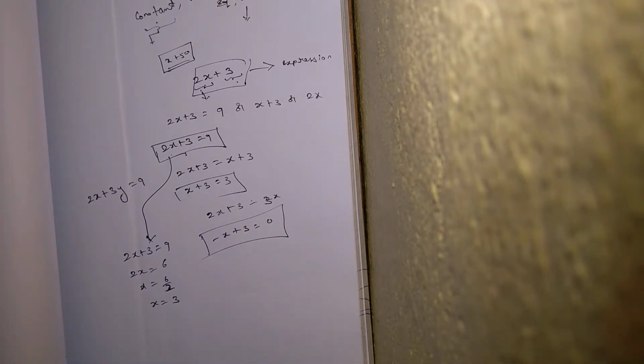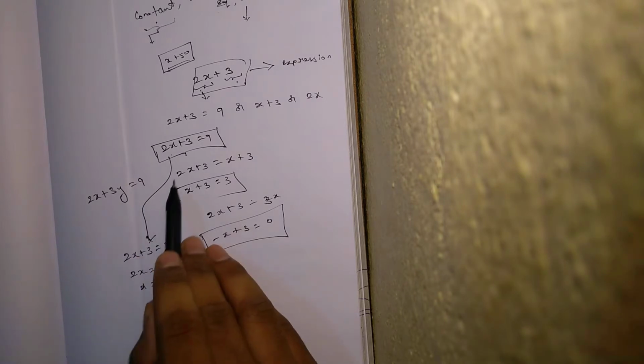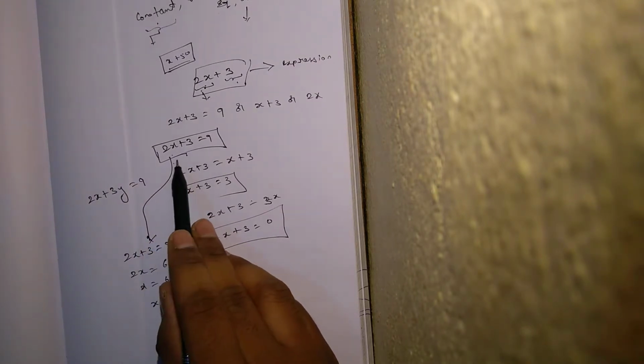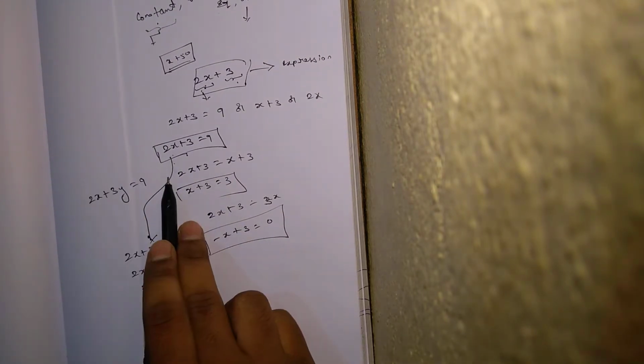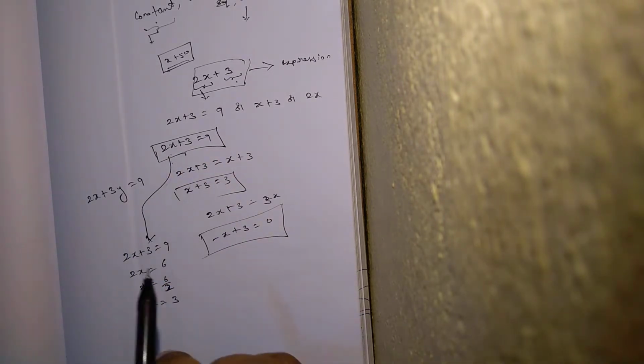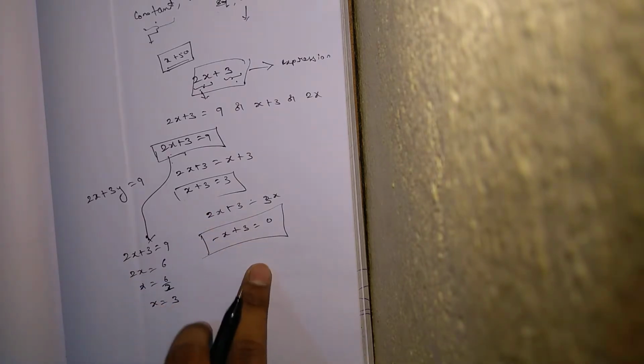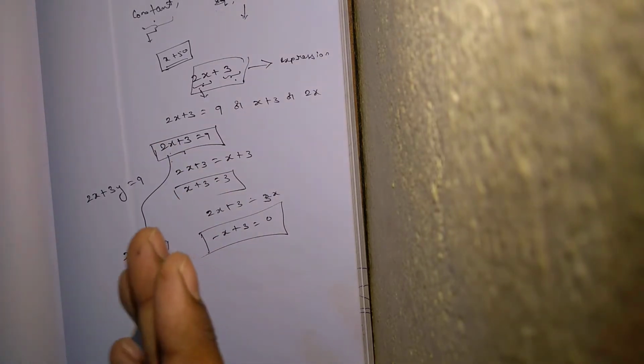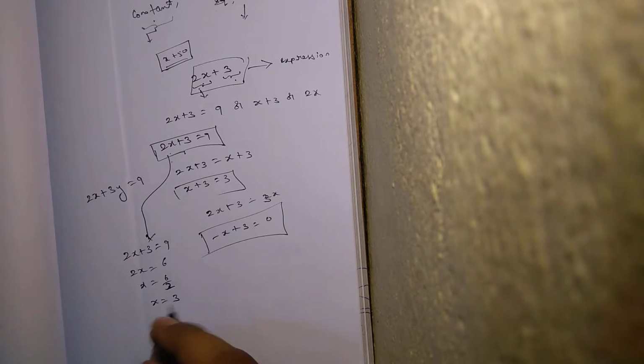So if there is only one variable, then that one equation is enough to find the value of the variable. Here you have only one variable x, and if you have only one variable, one equation is enough to find out the value of that variable, in the sense x. We found the value of x quite comfortably.